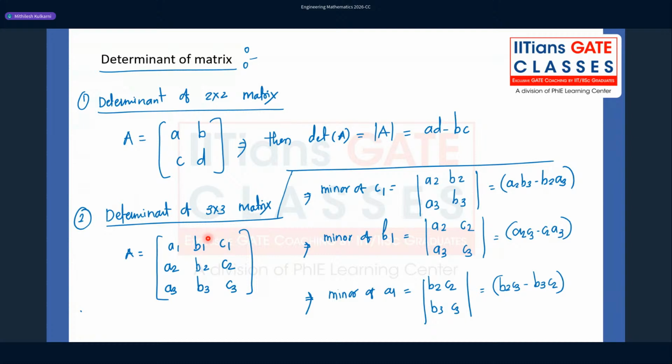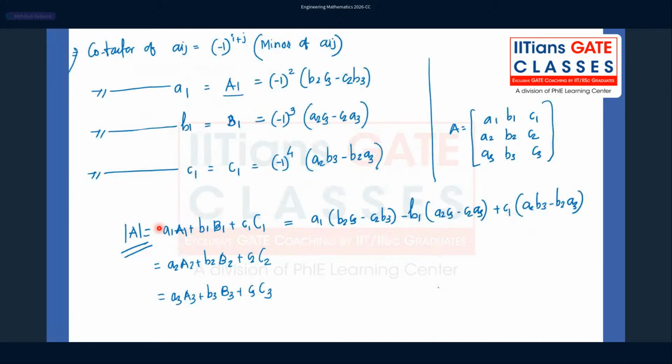Determinant of a 3 cross 3 matrix. What is the determinant of a 3 cross 3 matrix? If I have a matrix A, which is a1, b1, c1, a2, b2, c2, a3, b3, c3, then the determinant of this matrix is a1 into capital A1 plus b1 into capital B1 plus c1 into capital C1.